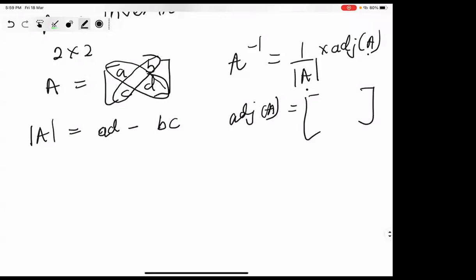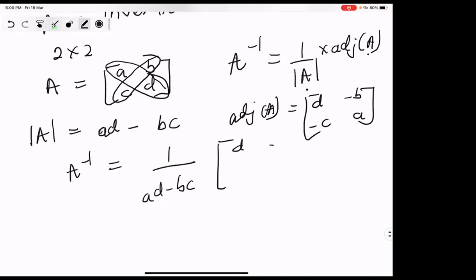On the leading diagonal we have a, d, and in the adjoint form we swap these positions, so we have d, a, and negate the other components. So instead of b we have minus b, and instead of c we have minus c. It means the inverse of A will be 1 over ad minus bc times the adjoint, which is d, minus b, minus c, and a.